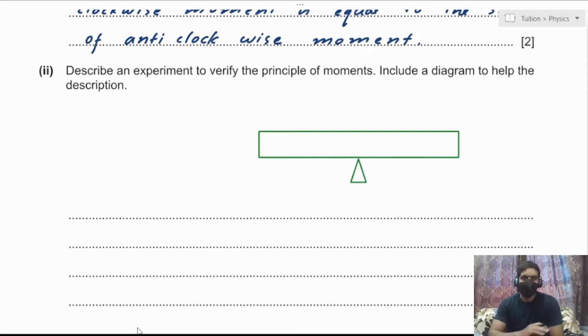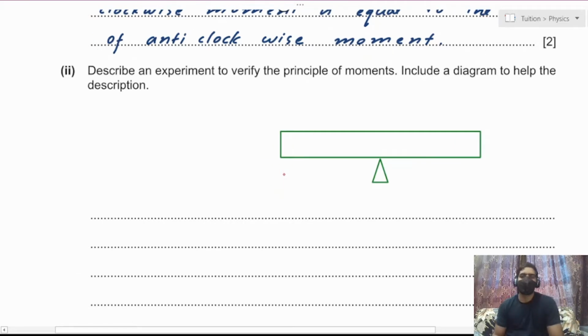So we have a meter rule, and then we take at least two loads, and by load, sometimes we have a coin. We put a thread around the ruler and then we attach the coin with it. That serves as a load. It exerts a force on that point.